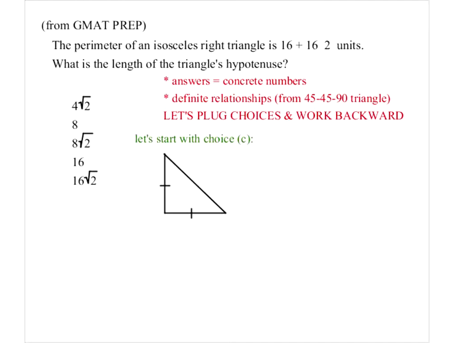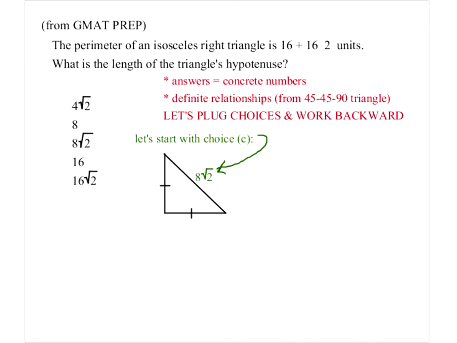So if the hypotenuse is 8 rad 2, I'm going to draw the square root sign. If we insert 8 rad 2 for the hypotenuse, then let's see what happens. Well, the relationship is that the ratio of the hypotenuse to the legs is rad 2 to 1.